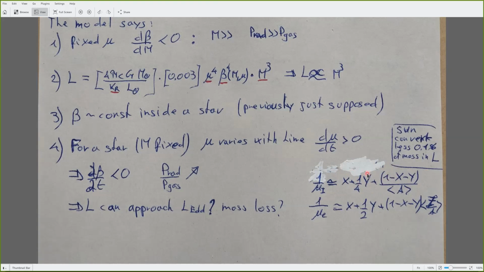Then if you deplete this one, and start to deplete this one in here, the mean atomic mass number is quite big, so it can definitely be negligible. So this decreases, but since it is the inverse, it will increase.